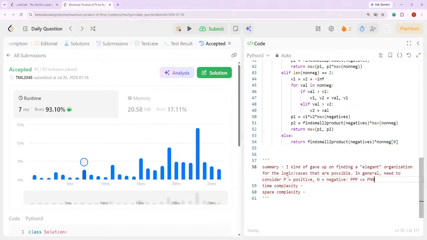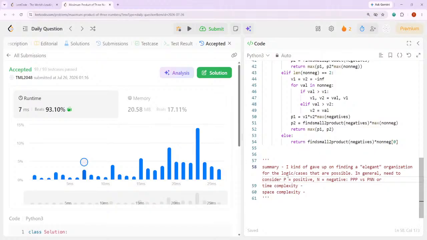So the three biggest positives multiplied together obviously is the most straightforward answer, but also it could be the two biggest negatives multiplied by the biggest positive, or the two most negative negatives multiplied together times the biggest positive.